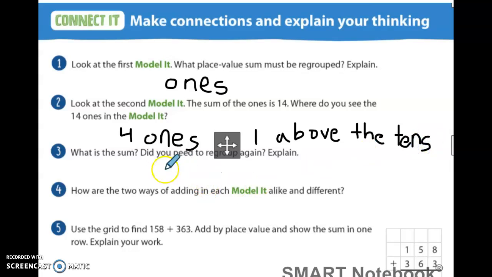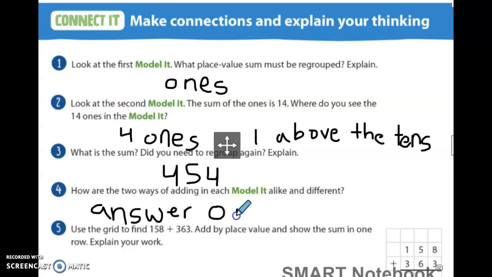Then it says, what is the sum? We did it several ways and we got 454 each way. And it wants us to say how the models are alike and different. Well, they're alike and they got the same answer. And they still had to regroup the ones in both cases.